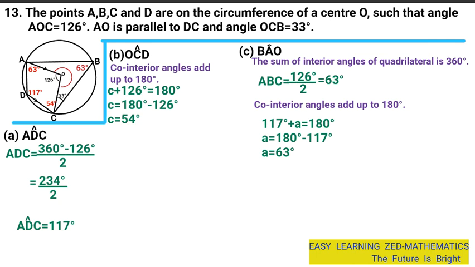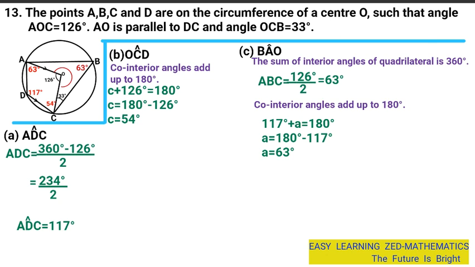Now when you look at this quadrilateral we have come up with, which is ABCD, forget about those angles which are on O, but let's focus on the angles on these 4 corners, A, B, C, D. You can see that the only angle we don't know the value of is angle BAO.